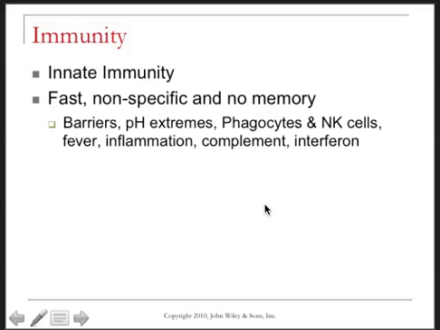Fever basically is a way of cooking out the pathogen and also stacking the deck in favor of conditions that are designed to enhance the replication rate of our white blood cells.